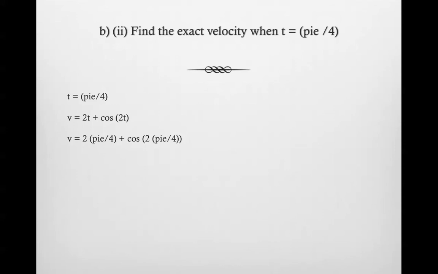And we can cross out the 2 and make it a 1, and we can cross out the 4 and make it a 2. Therefore, it just becomes pi over 2 plus cos pi over 2. However, we know that cos pi over 2, again from our trigonometry unit, is in fact equal to 0. Therefore, v just equals pi over 2.